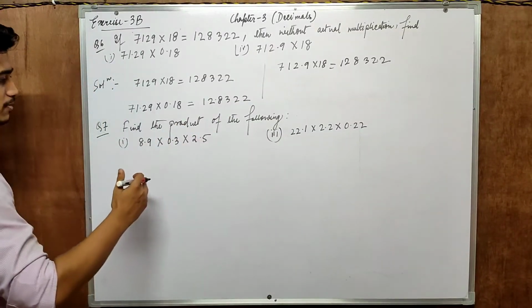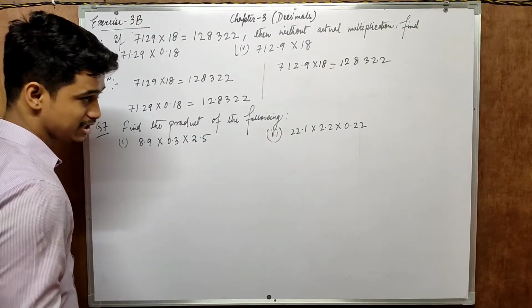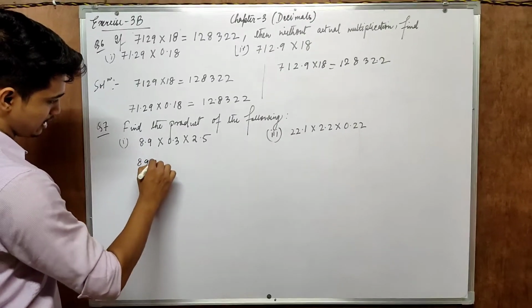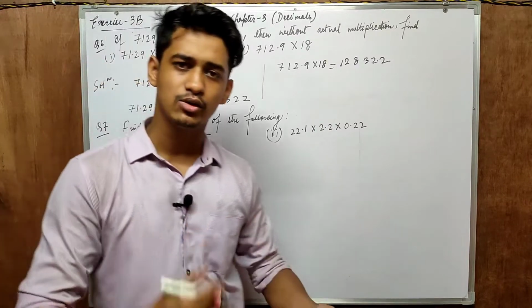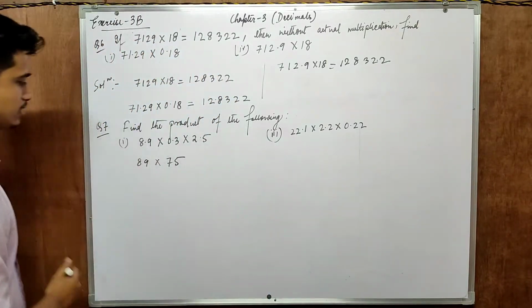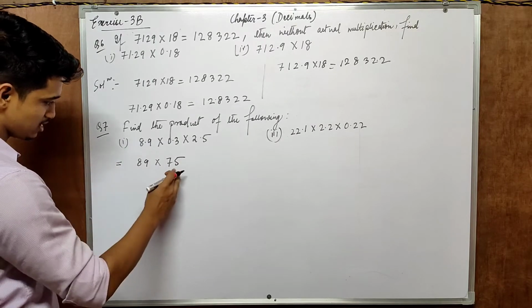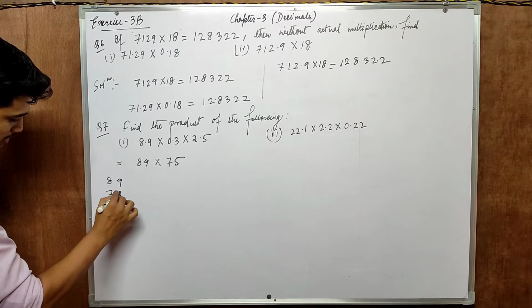Now multiply: 0.3 into 25, so 3 into 25 will be 75. So we need to do 89 into 75, and after the calculation, we just put the point, nothing else.